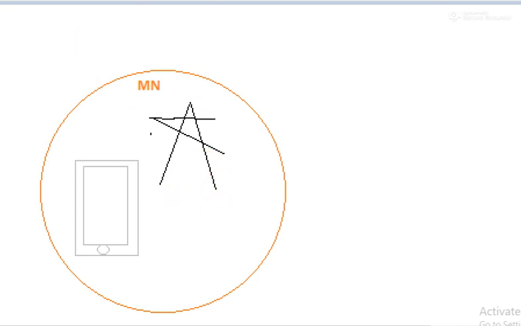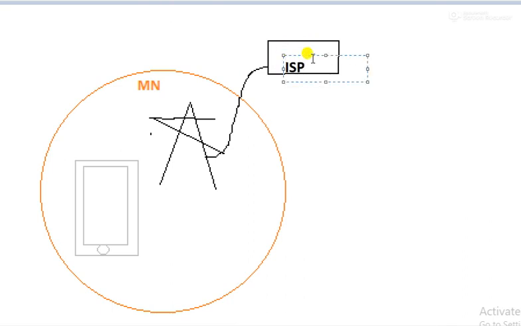Obviously, in a similar manner, this wireless station will be further connected to the internet service provider. Let's say this is your ISP. This internet service provider is basically the mobile network service provider like Airtel, Idea, and so on.